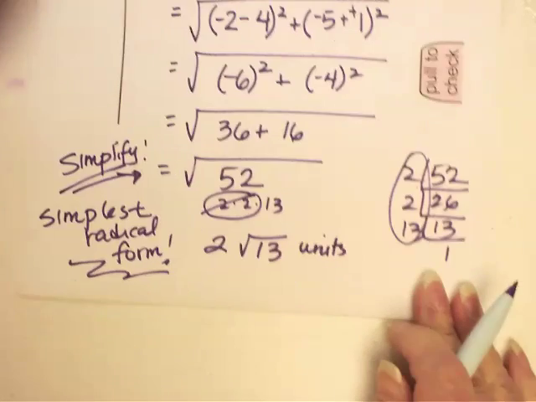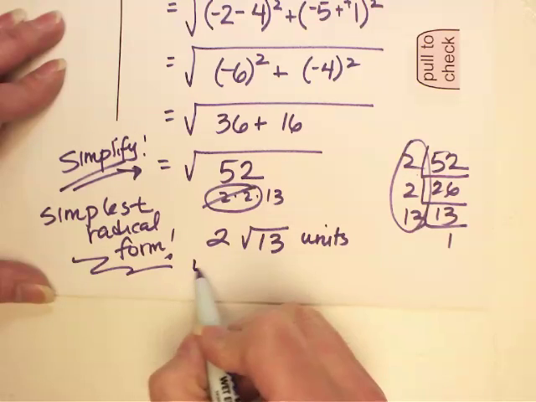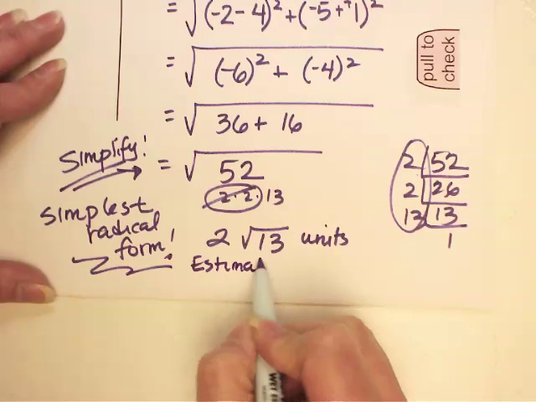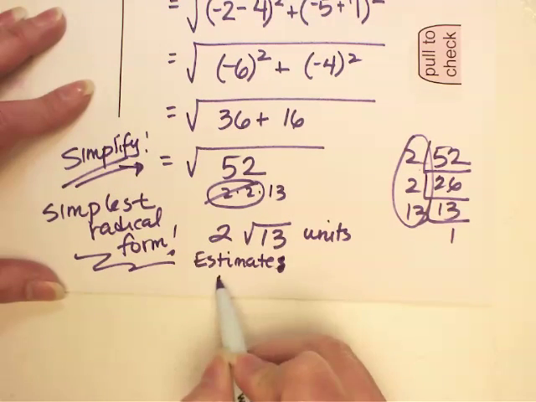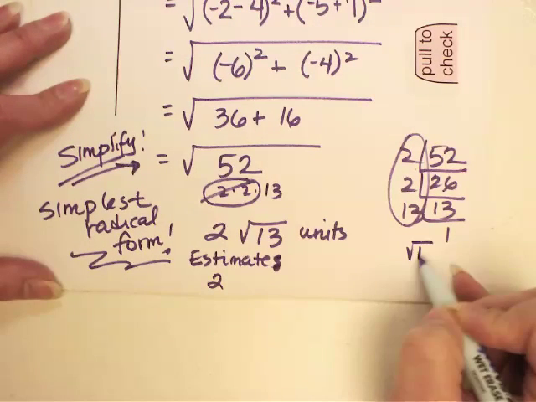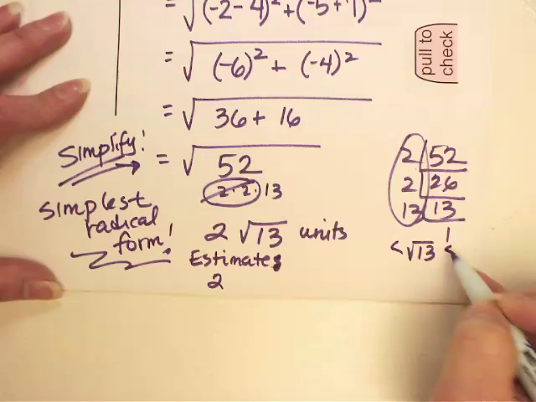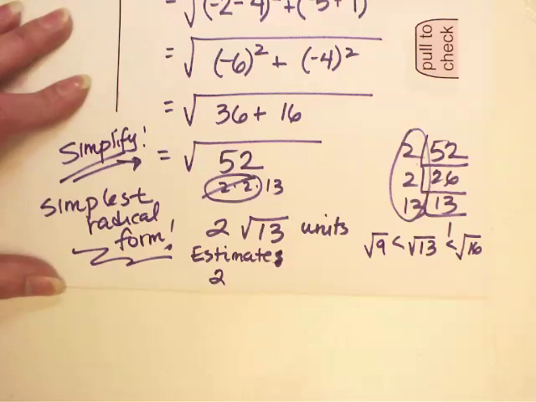Now, we can also estimate if you wish to do so, or if the question so asks. If I was to estimate, our estimate would be this: 2 times, what is the closest to square root of 13? Well, if you think about this, square root of 13 lies between two other squares. The square root of 16 is bigger, while the square root of 9 is smaller. So it lies somewhere in between. But if you notice, it is closer to the square root of 16, so it is closer to that 4.